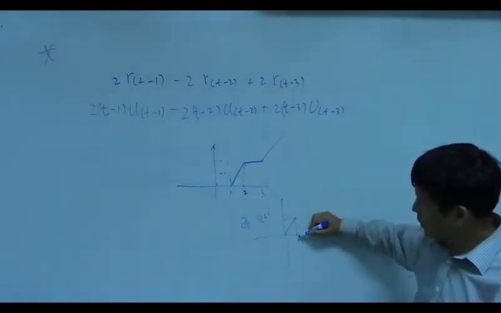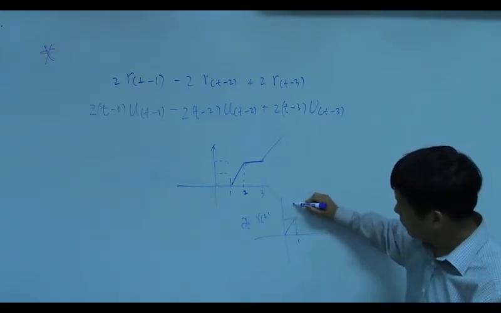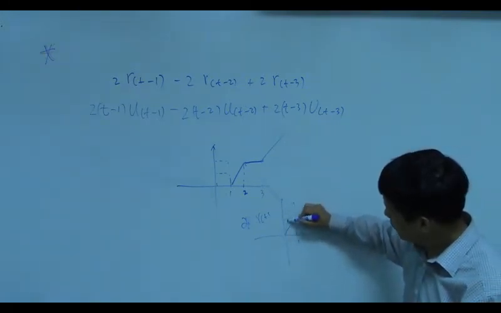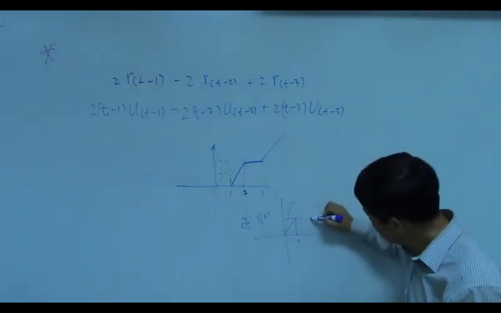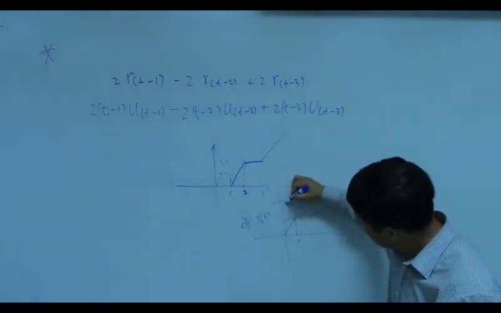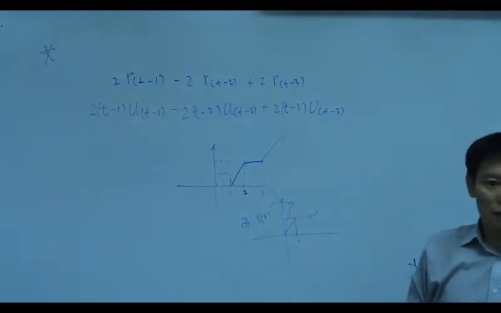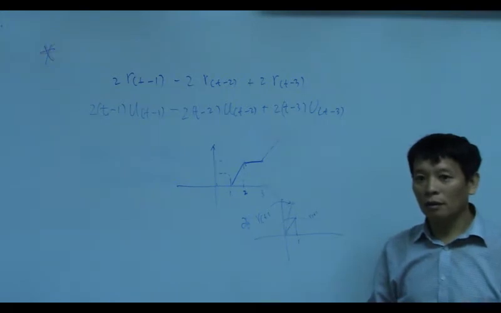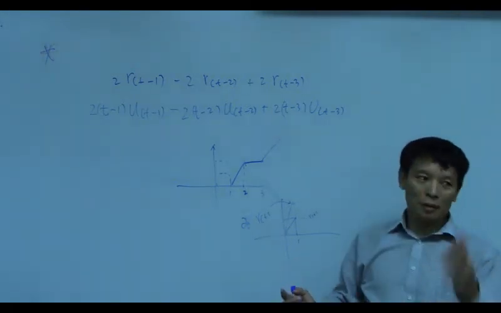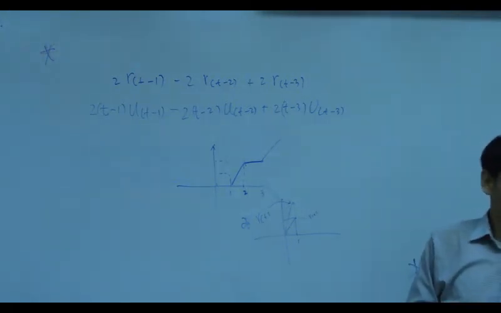When t equals 1, this one will equal 2, so it will be here. So this is r(t), and this one is 2r(t). So the 2 is the slope. Yes, the slope increases from 1 to 2.